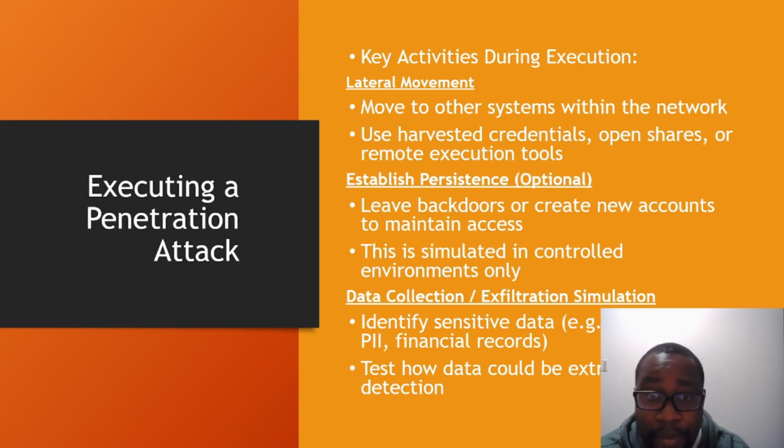This is pretty much where you're pivoting, right? So you can pivot to another server. You could say the pen testers are in a server or network infrastructure in Canada, and then they pivot over to a server in New York or something like that. So that's what lateral movement is, right? And you establish persistence.